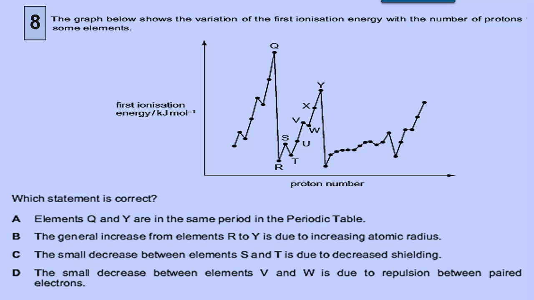Let's move to the last choice, D. The small decrease between V and W is due to the repulsion between paired electrons. We have here V and W. Of course, W has a higher number of electrons than V, and by increasing the atomic number, the number of paired electrons increases, and the repulsion force between the electrons also will increase. The correct choice here will be D.